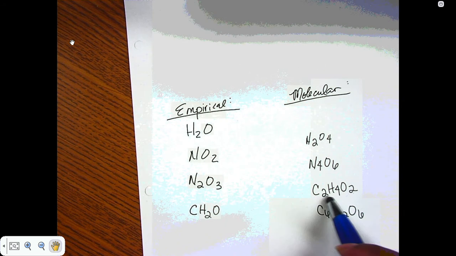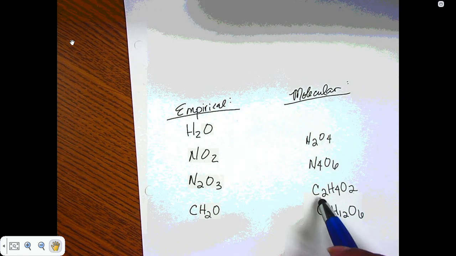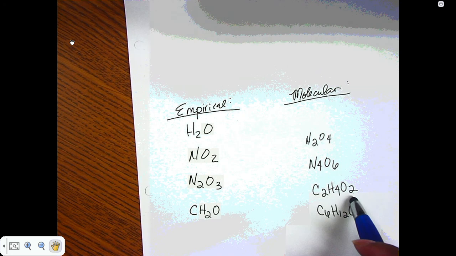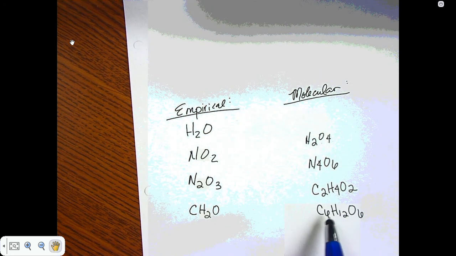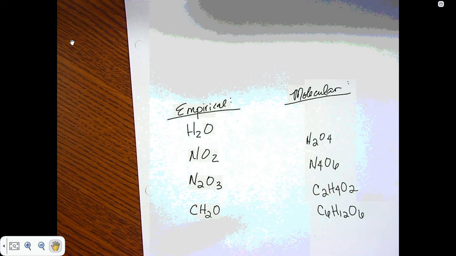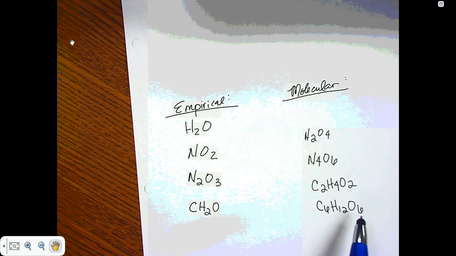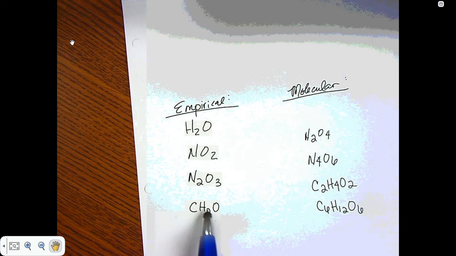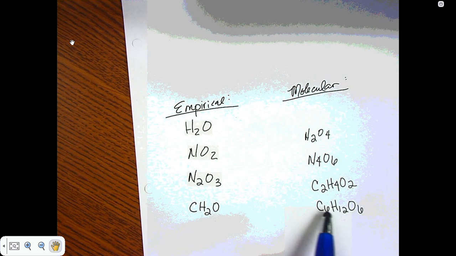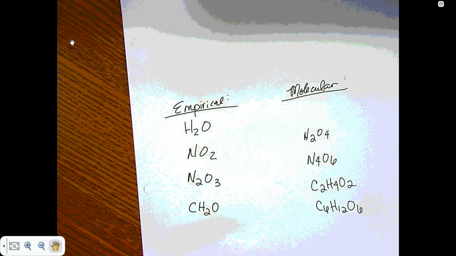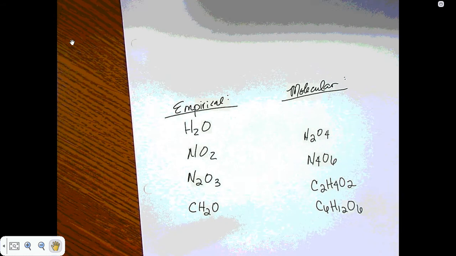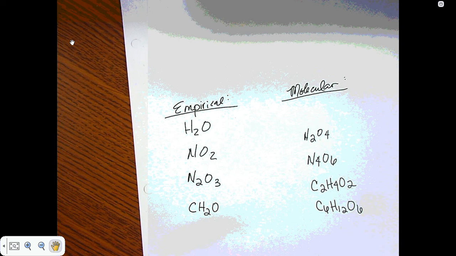If you divide this one by 2, you end up with C1, H2, and O1. Conversely, if you look at C6, H12, and O6, the empirical formula is the same, and you achieve that by dividing by a factor of 6. So comparatively, you can see that these have the same empirical formula, however they have different molecular formulas.